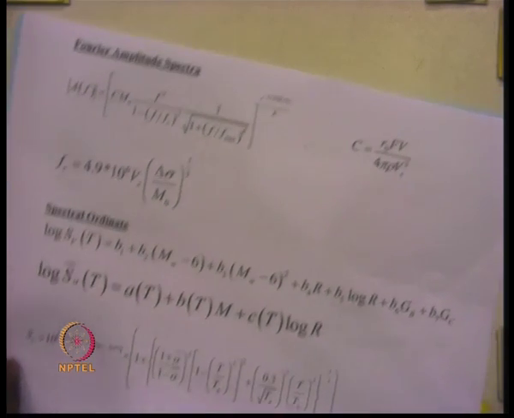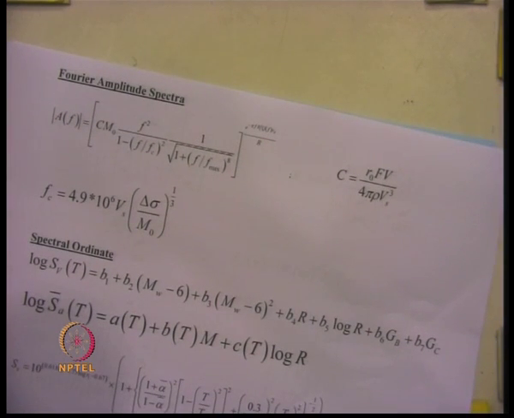Next is the Fourier amplitude spectra that we discussed previously. Fourier amplitude spectra provides the frequency contents of the ground motion and is an important predictive parameter for performing a frequency domain analysis of structures.